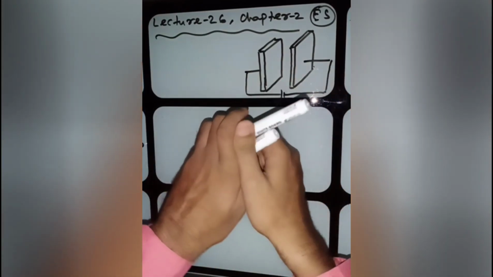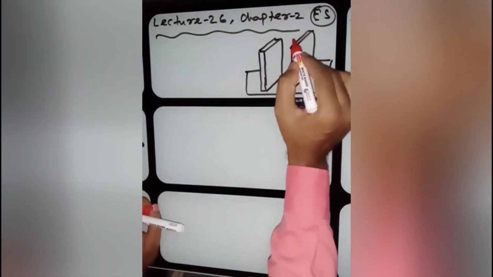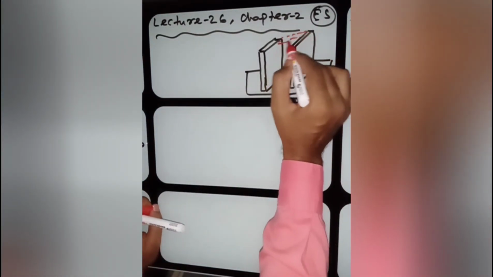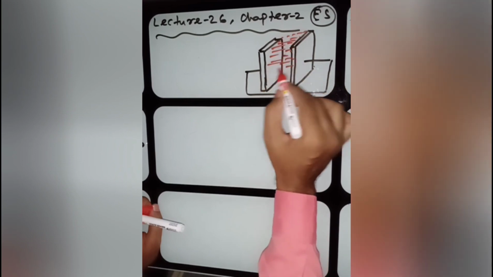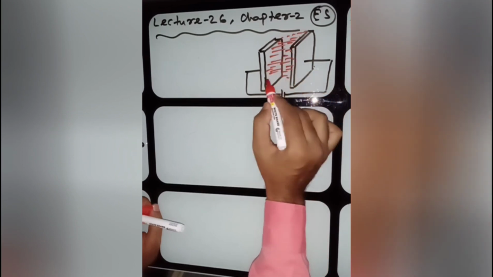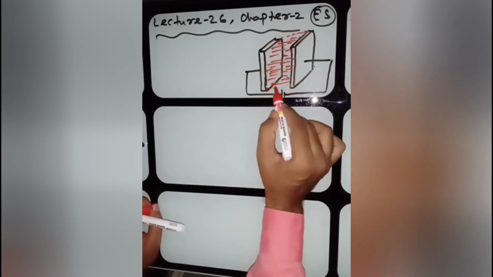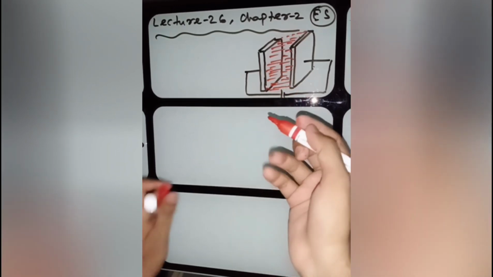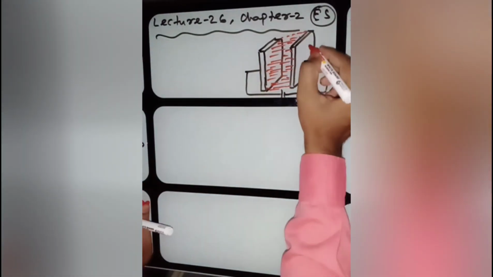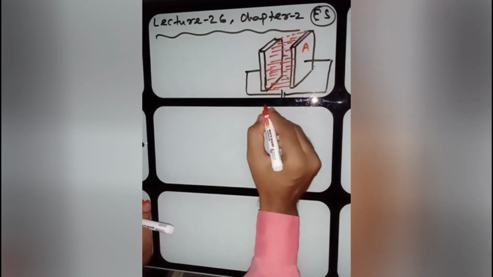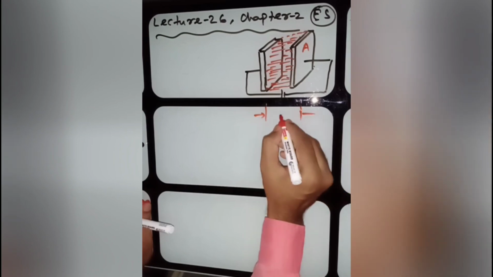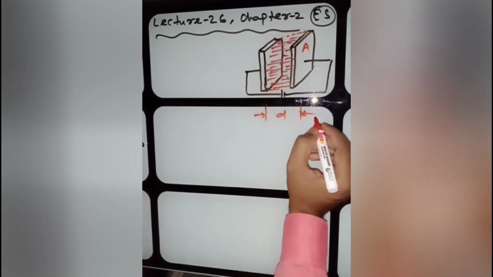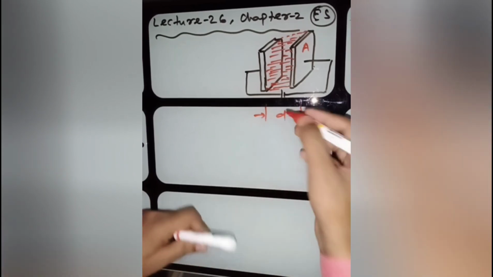Energy is stored in this very space, that is, the charge is stored in the presence of an electric field. All the quantities you must remember: A is the plate area, D is the separation between the two plates. I hope you remember.